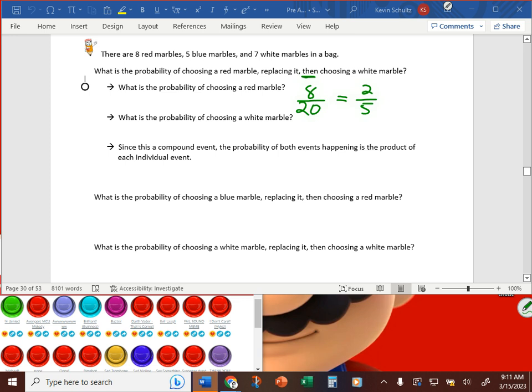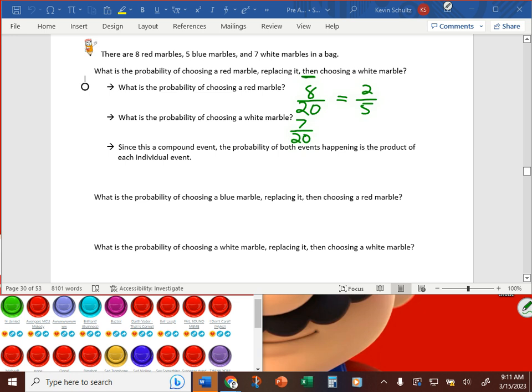Now, what is the probability of choosing a white one? 7 out of 20. There are 7 white marbles out of 20 possible. So, true to its name, to find the probability of both of these things happening, a compound event, we're going to take these two individual probabilities and put them together.